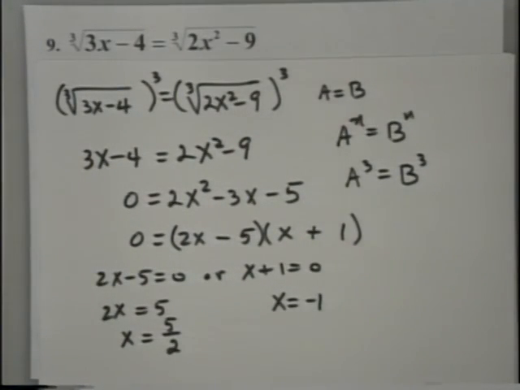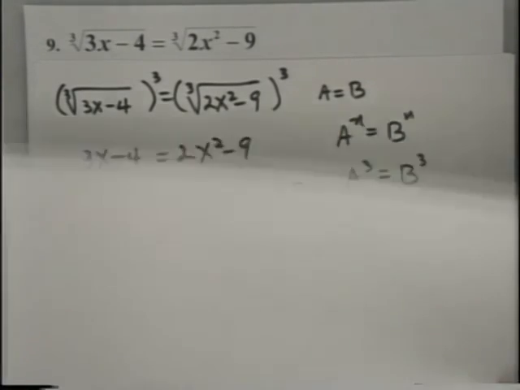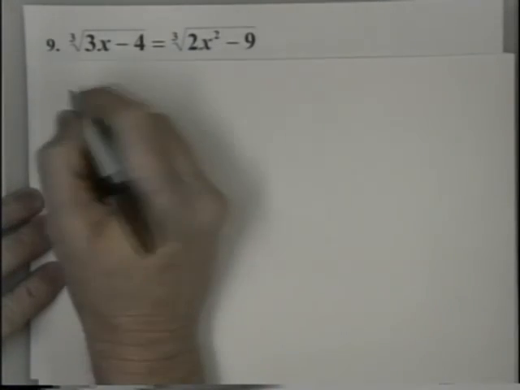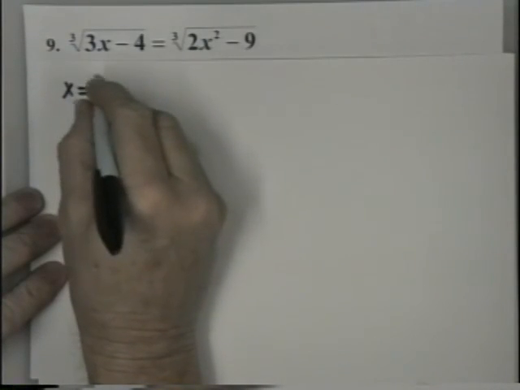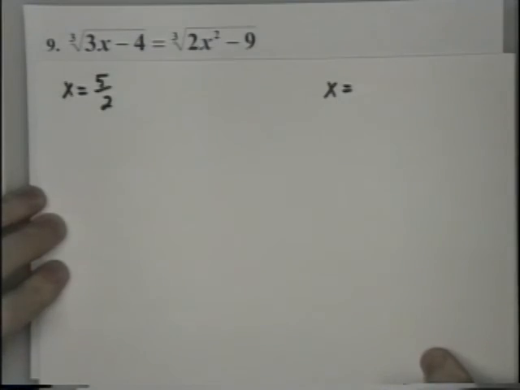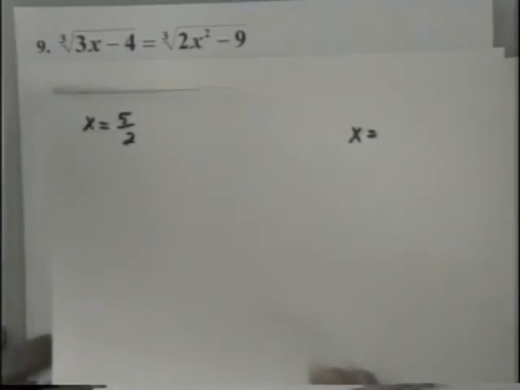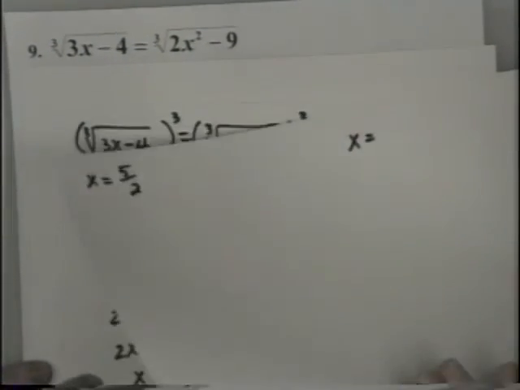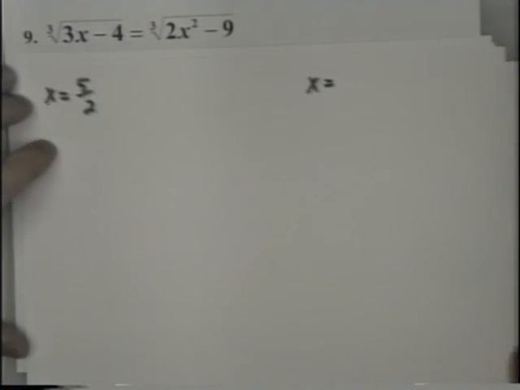And again, we want to check. So here's our original equation. Here's our two solutions: x equals 5 halves, or x equals negative 1.